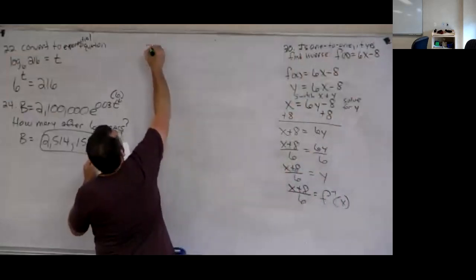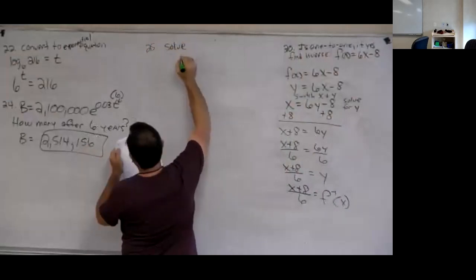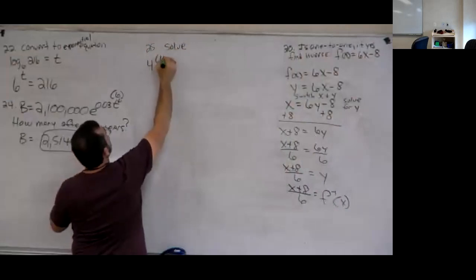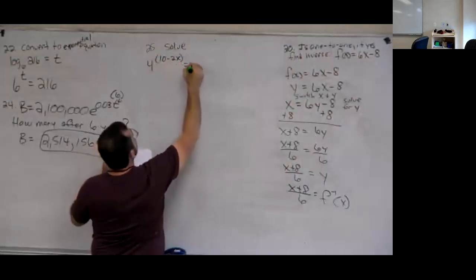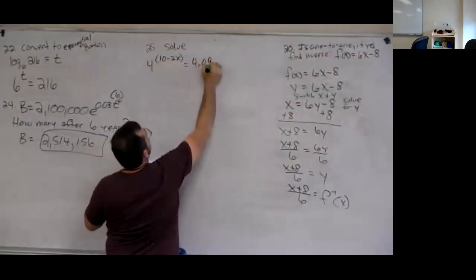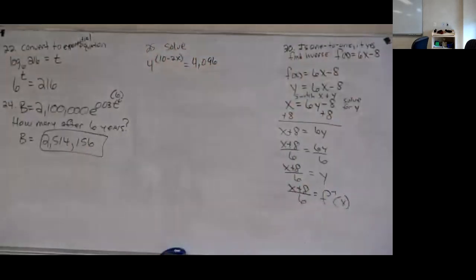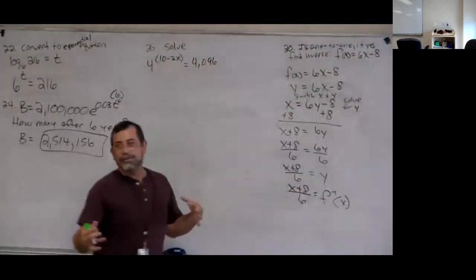So this one was like 25, solve the exponential: 4 to the 10 minus 2x equals 4,096. I'm gonna tell you a trick.